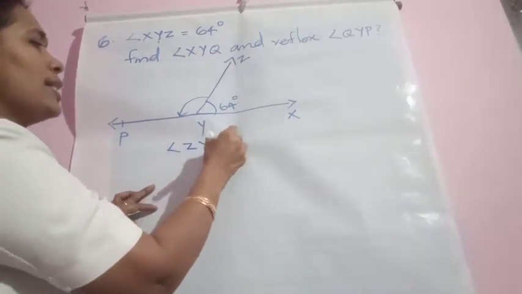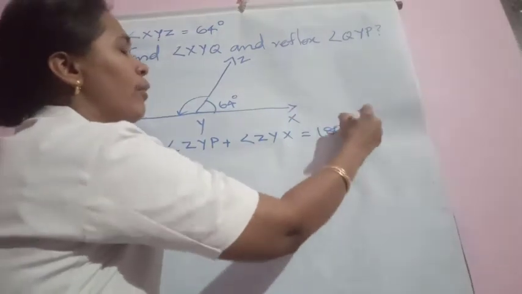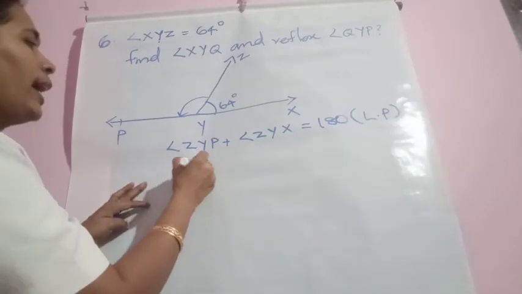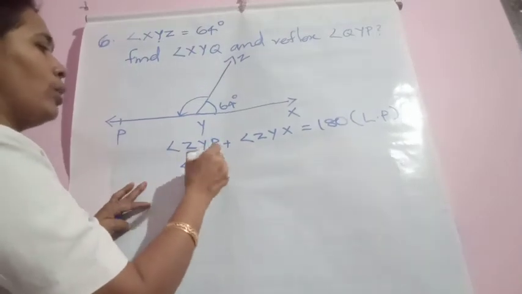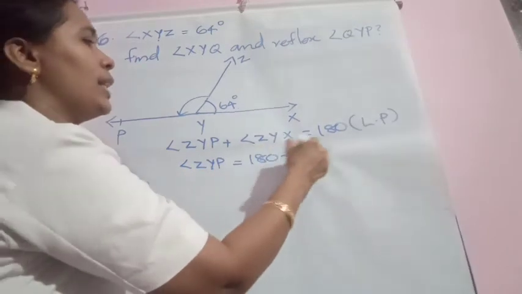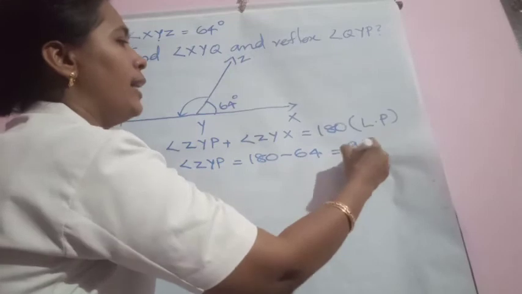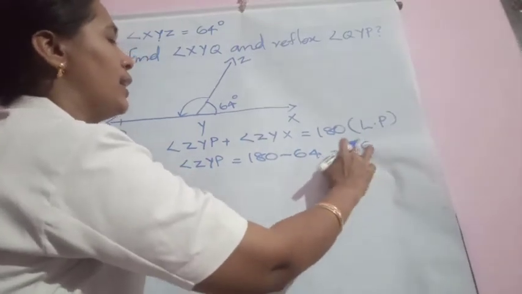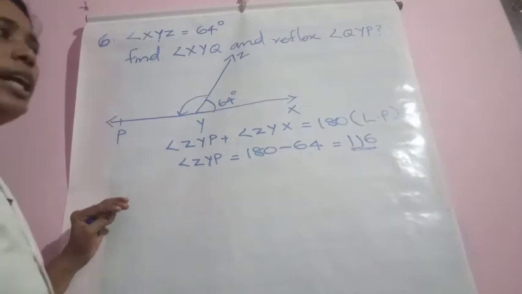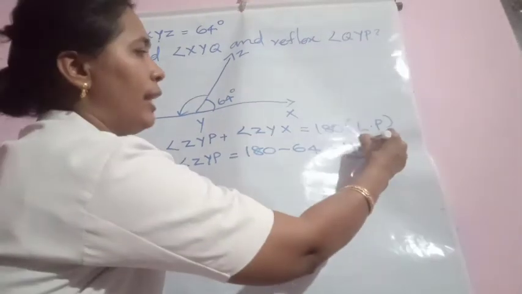ZYP plus ZYX equal to 180 degree. We have studied that, linear pairs. So we can write ZYP equal to 180 minus 64 equal to how much for us? 96. Sorry, not 96. How much? 116 for us. Isn't it? 116 degree we got it now.